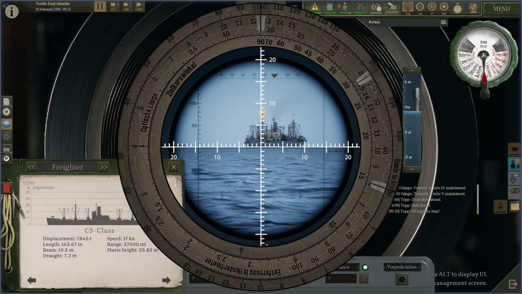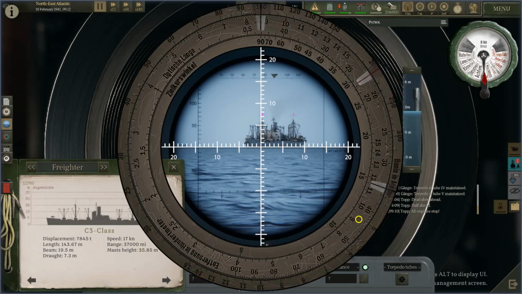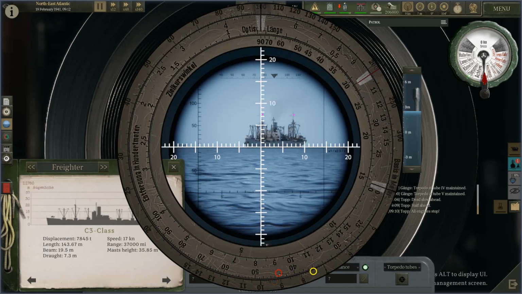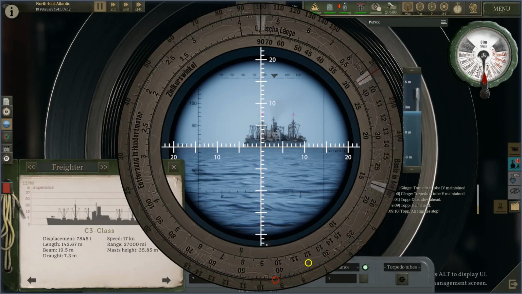So the visible length is 8 mils, and the real length is 36 meters. On the outer scale, I find the 8 mil mark, and I align it with the 36 meters. 8 mil, 36 meters is here.